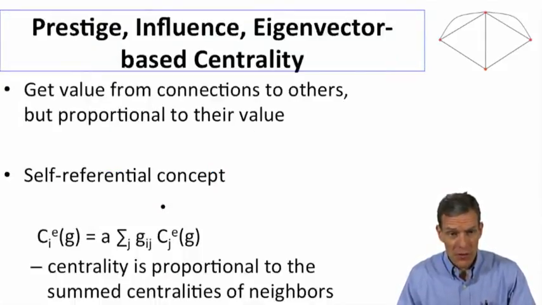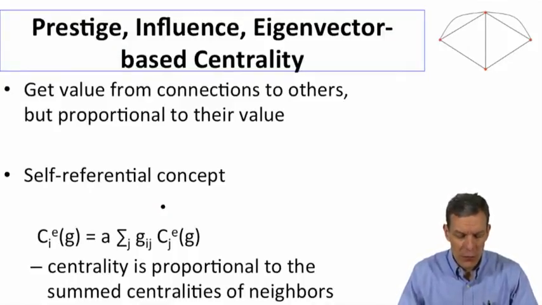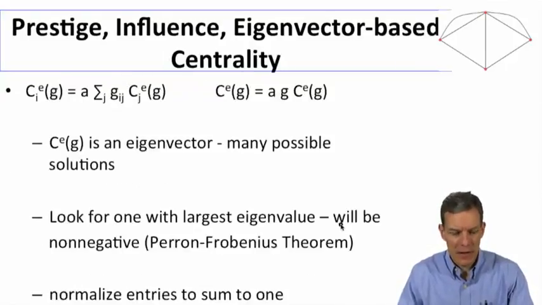Okay, so what's happening here is you're getting value from connections to others. It's a self-referential concept, so we have to figure out how to solve that.